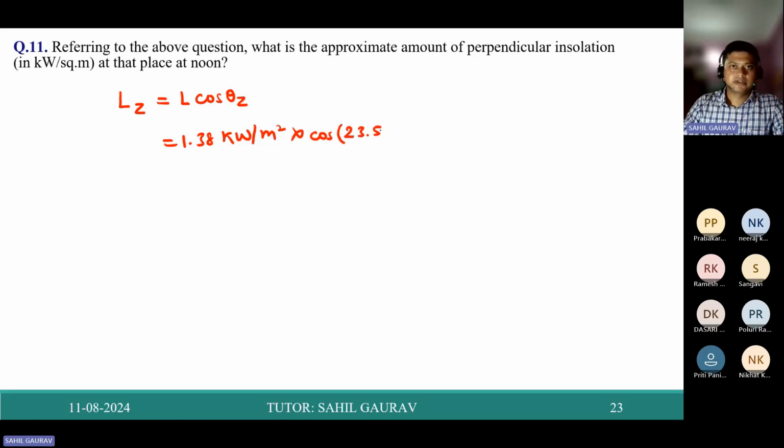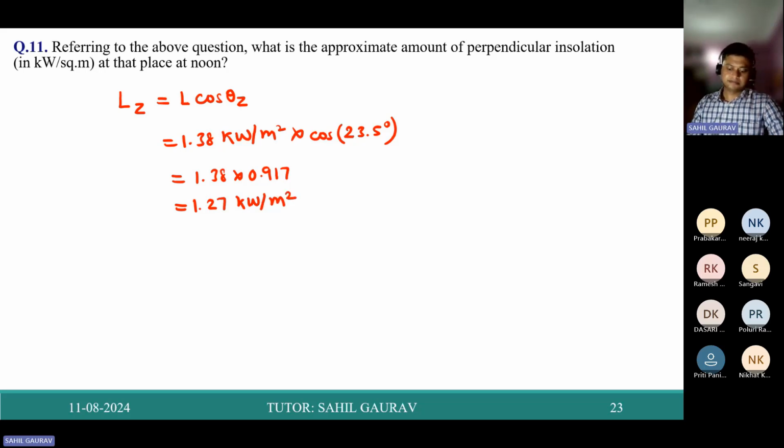The zenith angle will be 23.5 degree. So it is coming as 1.38 into 0.917, which gives you 1.27 kilowatt per meter square.